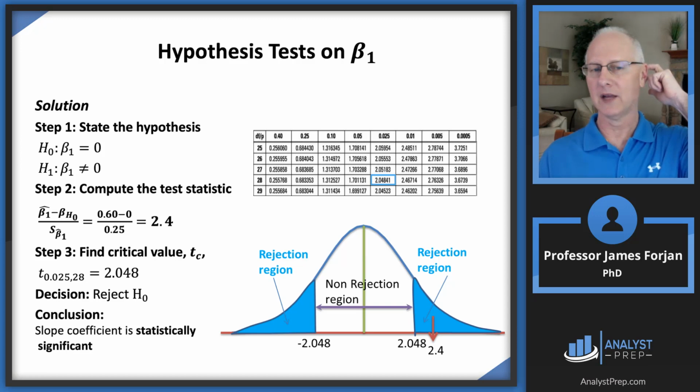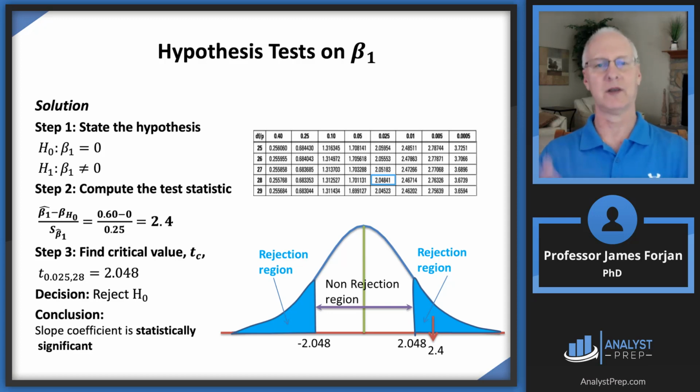Well, the only way that it can be somewhere around 0 is if that denominator is a big number. Suppose the standard error of this regression model were 25, not 0.25. Then that test statistic would be way smaller and it would be closer to 0. So really what we're doing here is looking at the relationship between the slope coefficient and some measure of risk, some measure of variability. If the variability is smaller, then we have a greater likelihood.